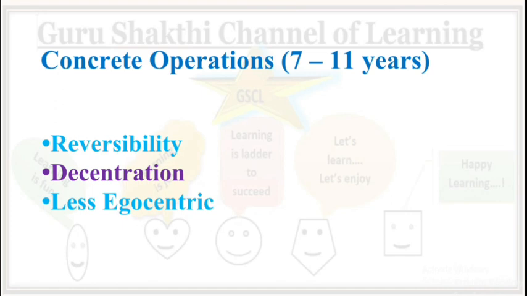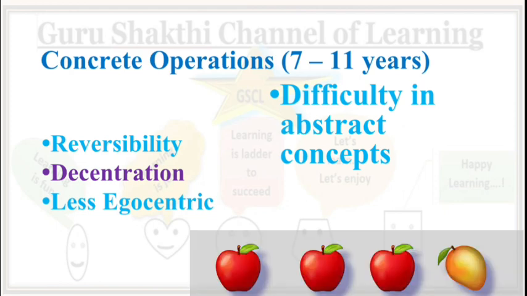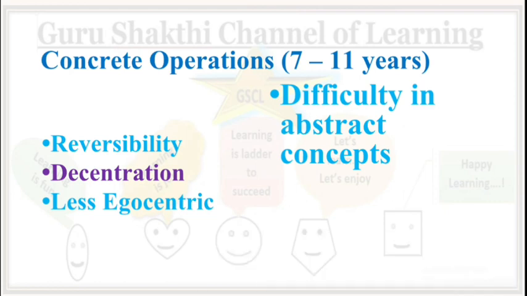A unique feature of this stage being that they depend on concrete objects. It is difficult at this stage for them to imagine or mentally represent things. You can't just say there are 3 apples and 1 mango and ask how many fruits there are in total.